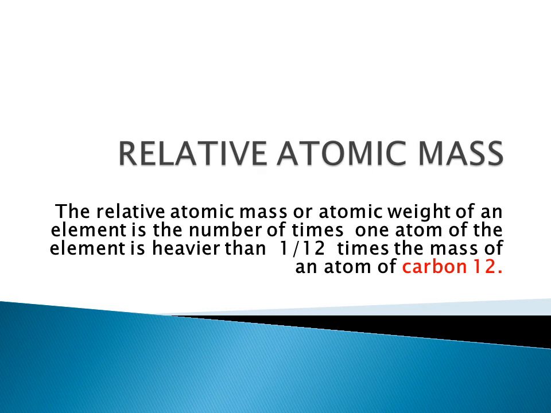Carbon has three isotopes, namely carbon-12, carbon-13 and carbon-14. They are atoms of the same element, carbon, but they differ in their mass number, that is, in the number of neutrons. Protons and electrons are equal, but the number of neutrons is different.